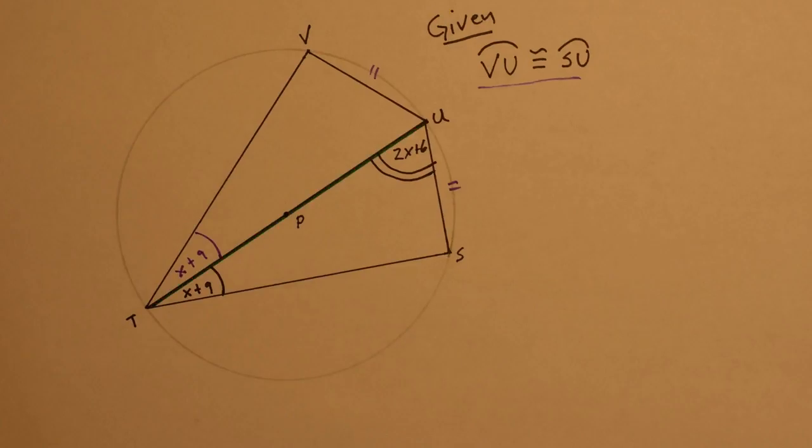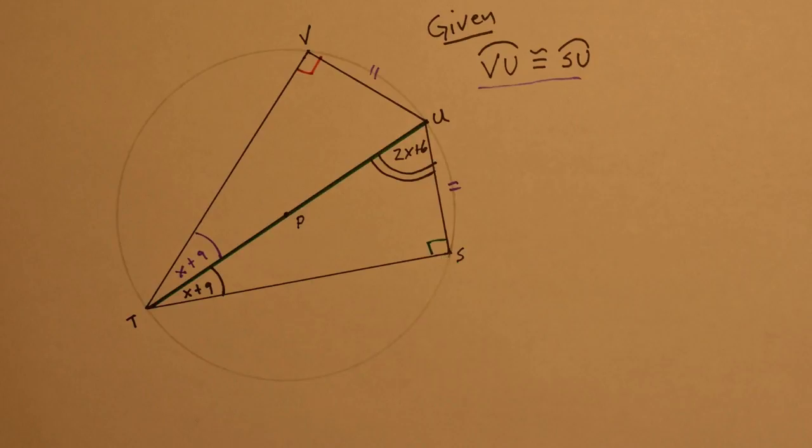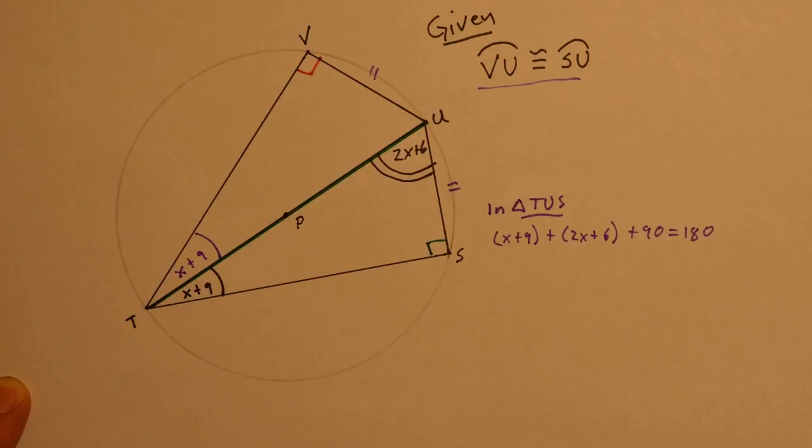We have a semicircle up the middle, and so that means angle S must be 90 degrees because it intercepts a semicircle. Similarly, angle V is 90 degrees. And so if you just look at triangle TUS, we know all three angles. So therefore, we can set them equal to 180 and then solve for x.